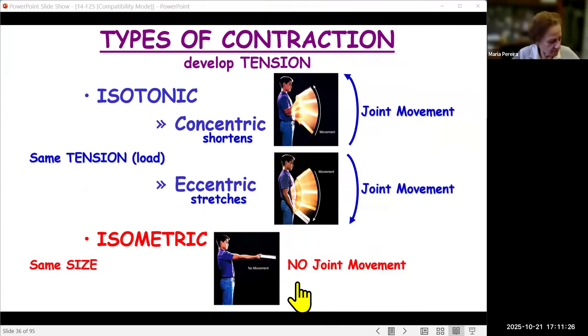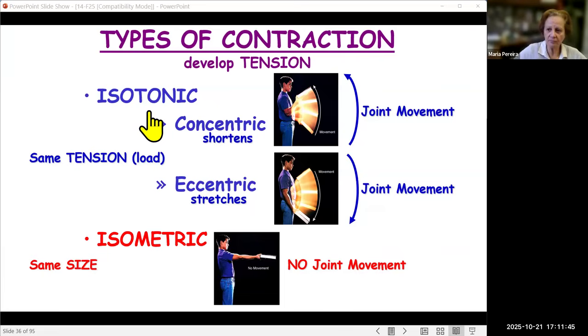Okay, so the types of contraction. There are two types of contraction, isotonic and isometric. And this is very easy to remember. Iso means same tension, isotonic.